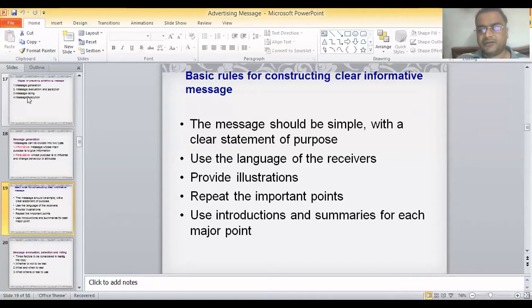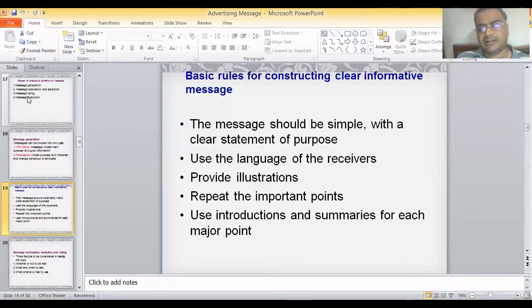Then the fourth one is that you should repeat the important points, or you should lay stress on the important points. For example, in a print ad, if you want to lay stress on something, you can put it in bold, or you can highlight it, or you can put it in italics. So these kinds of things. Or if there is enough space, then you can repeat the important points as well.